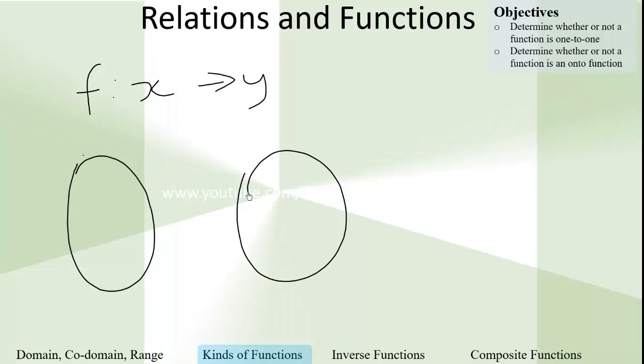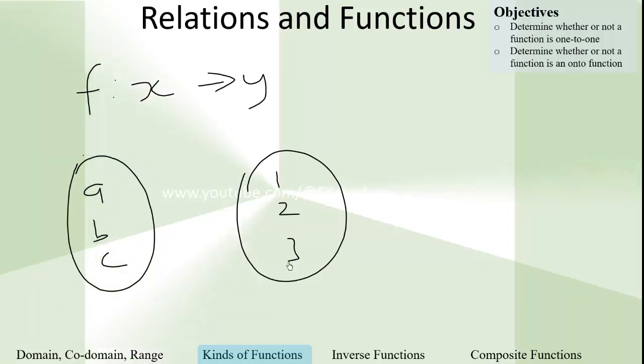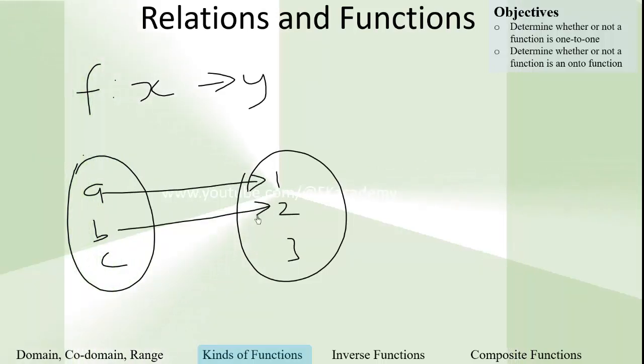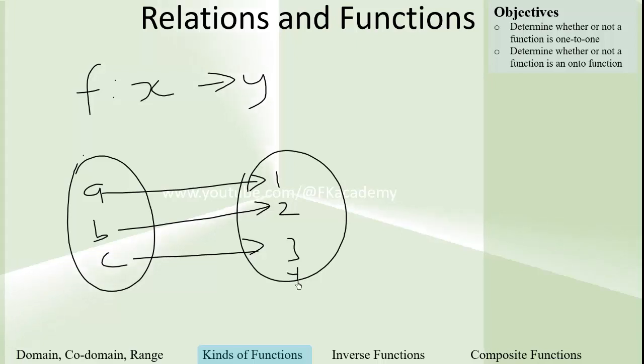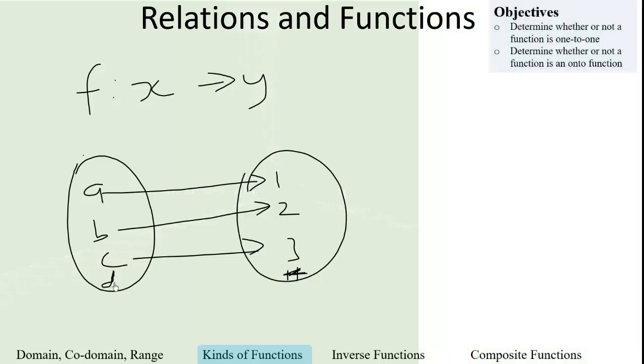So like we saw earlier, A, B, C. Then we have, let's say, 1, 2, 3. This goes to that, this goes to that. So this is an onto function. But if let's say we have a number here that is not having an element here in the codomain, then it is not an onto function.